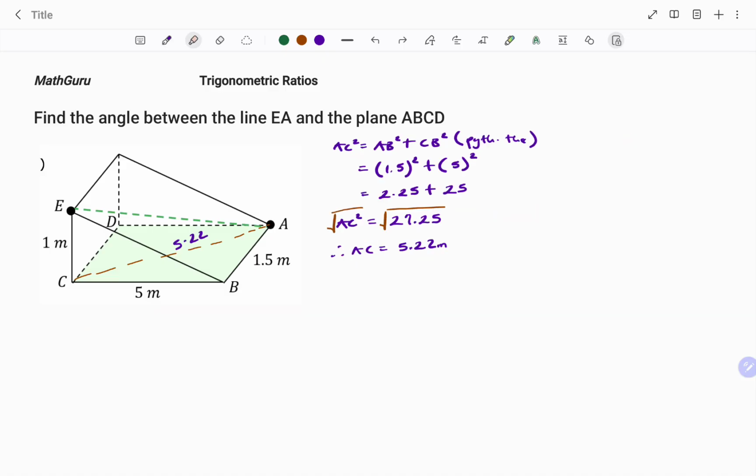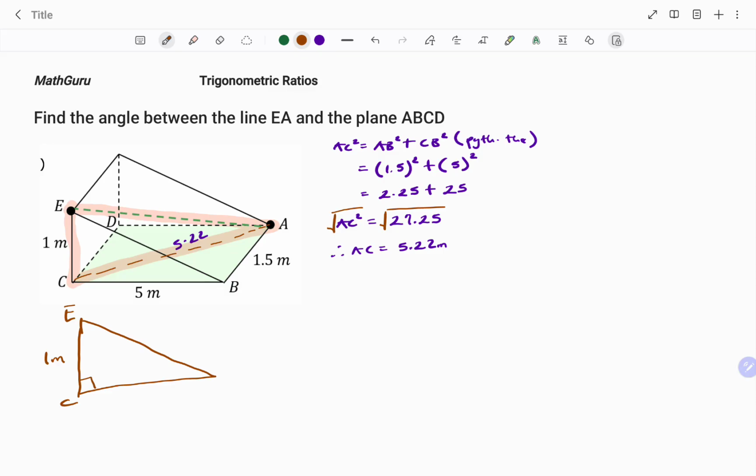Now, if I go back to the diagram, because ABCD is the plane, I'm going to use the right angle triangle ACE as shown. If I draw a rough sketch of that here, I'm going to have my right angle, that's 90 degrees at C. I have my E, the distance between C and E, that's 1 meter.